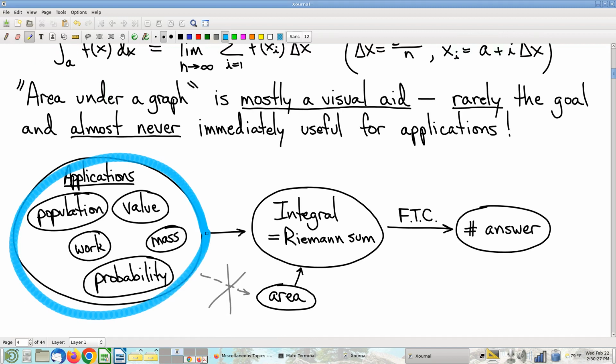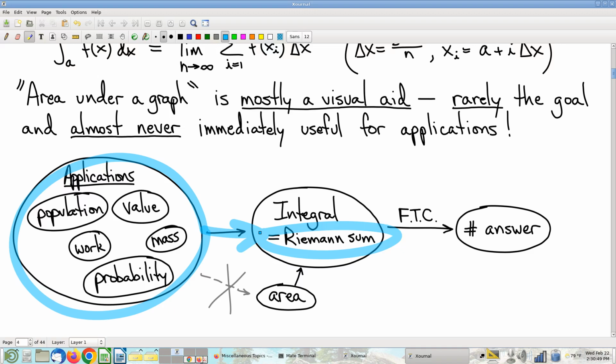Various applications I want to find the answers to. I want to compute populations or work or mass, what have you. I can take all of these things, I can chop them up into little pieces, and I can make Riemann sums. Right? If I have a rod, one-dimensional rod, I want to compute the total mass.